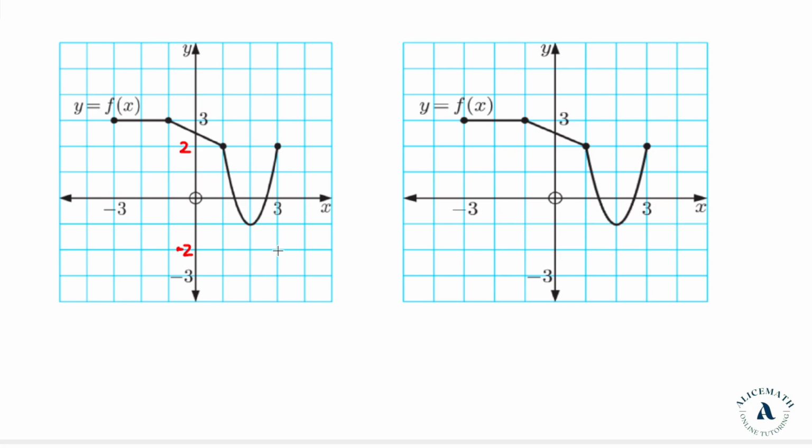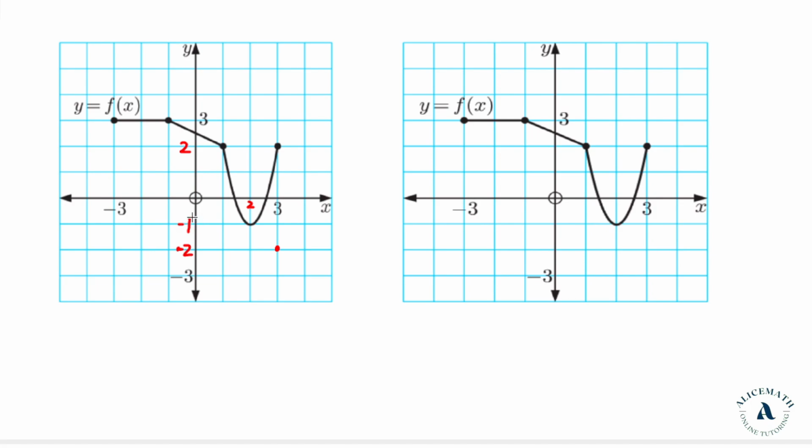So negative 2 is here, so now the vertex we need to transform to here, right? And then here, probably this is a parabola, so we have the vertex here. The vertex with the coordinate (2, -1). So keep the x-coordinate the same, and then we need to change the sign of the y.